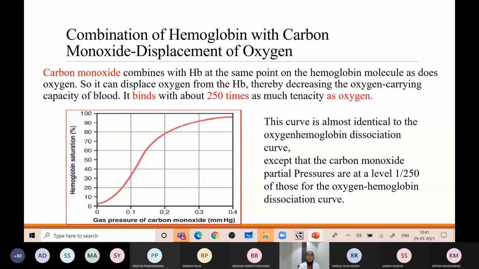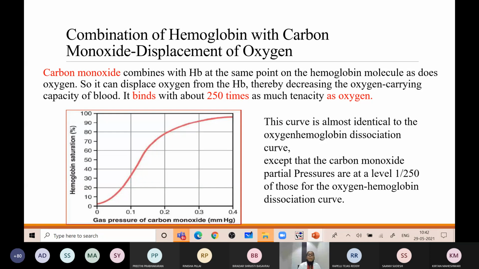So hemoglobin affinity for carbon monoxide is 200 times more compared to oxygen. If oxygen and carbon monoxide are available in the same amount, carbon monoxide has much more affinity for hemoglobin, so it will go fast and bind to the same site where oxygen has to bind.